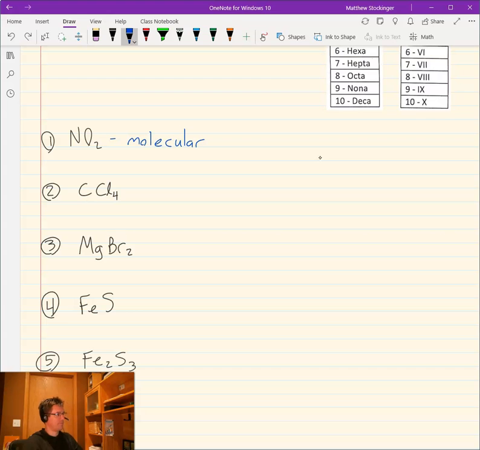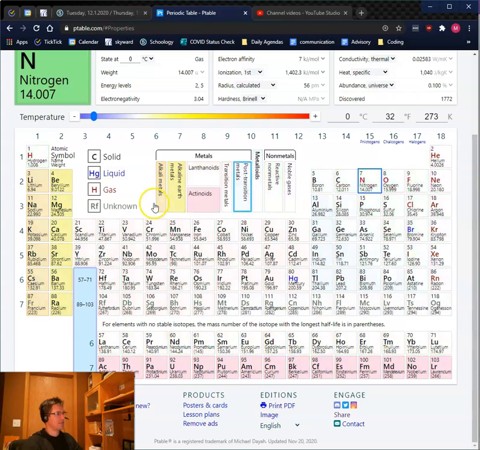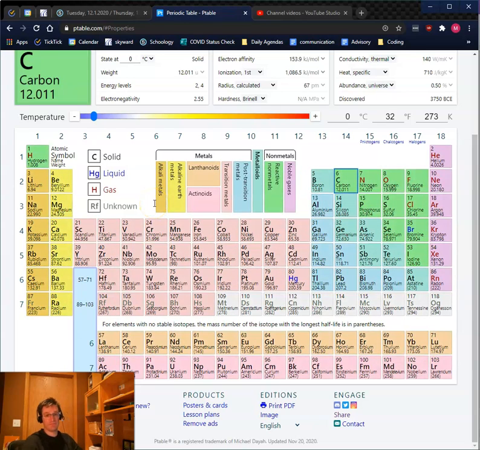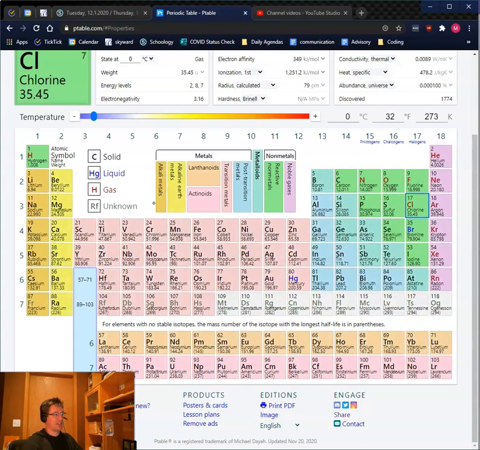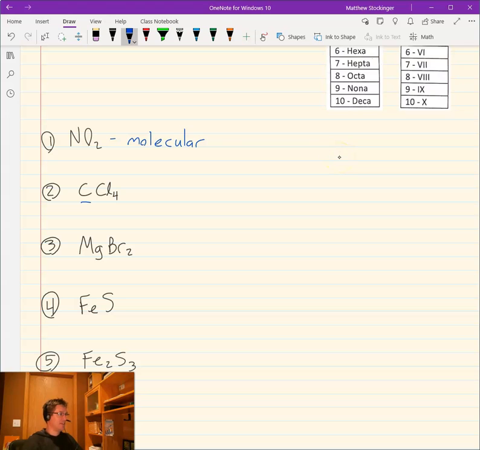CCl4 starts with C. That is carbon, which is also in the reactive nonmetals. And the Cl from CCl4 is a nonmetal, a halogen to be specific. So this is nonmetals sharing with each other again. This is molecular.